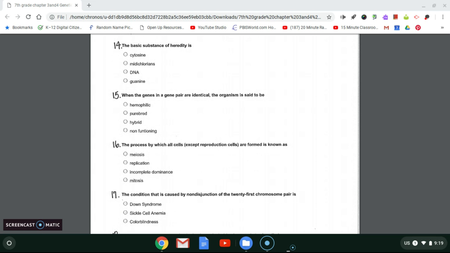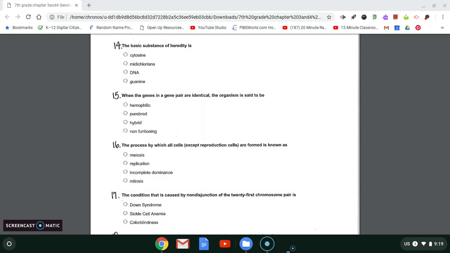The basic substance of heredity is cytosine, midichlorians, DNA, or guanine? Number 15. When the genes in a gene pair are identical, the organism is said to be hemophilic, purebred, hybrid, or non-functioning?